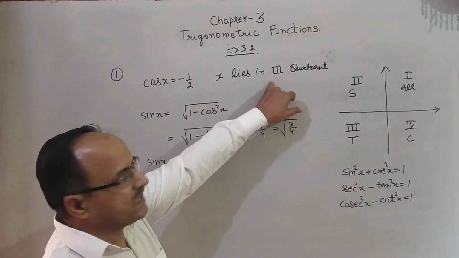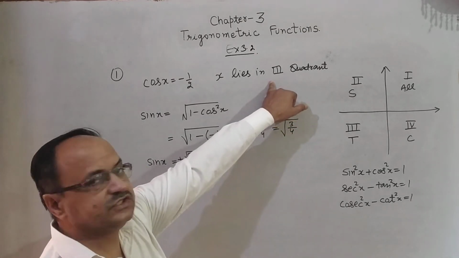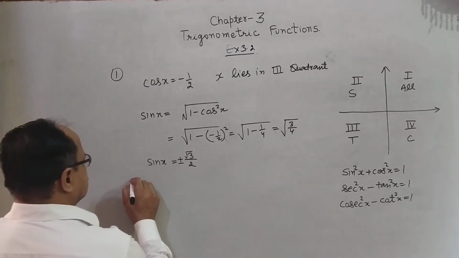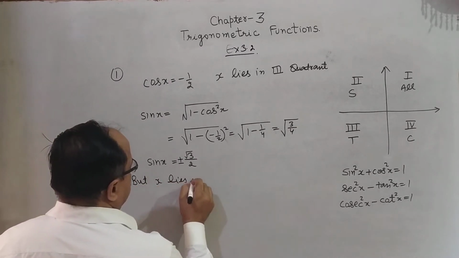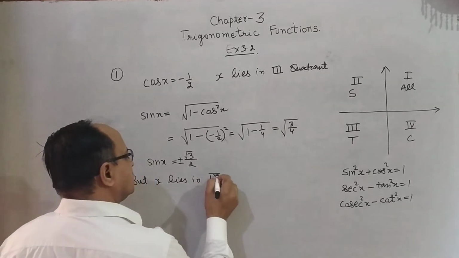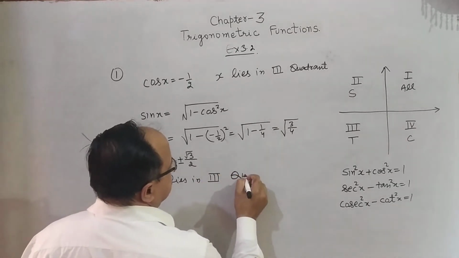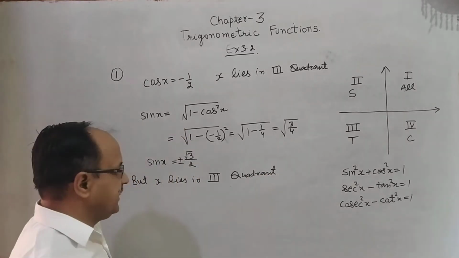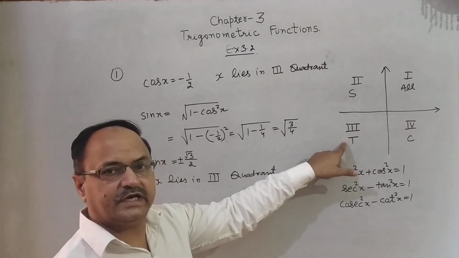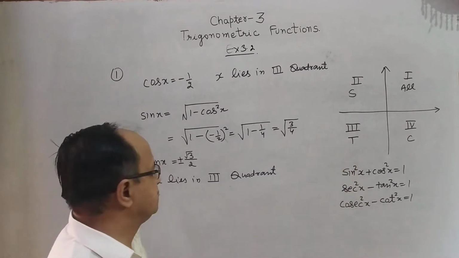But you know that x lies in the third quadrant, and in the third quadrant only tan and cot are positive, others negative.